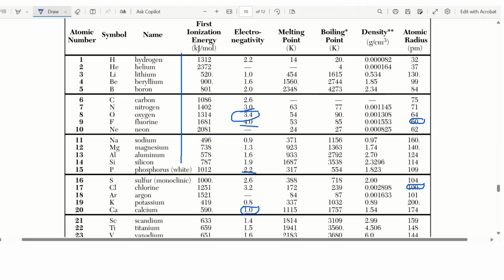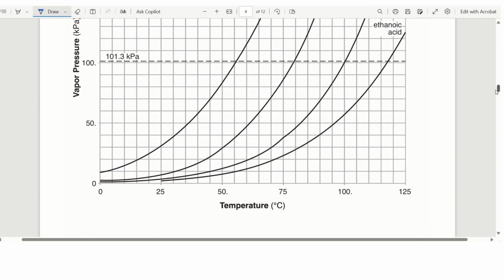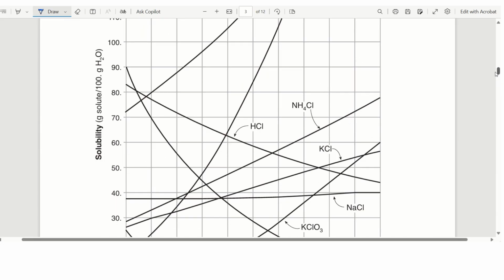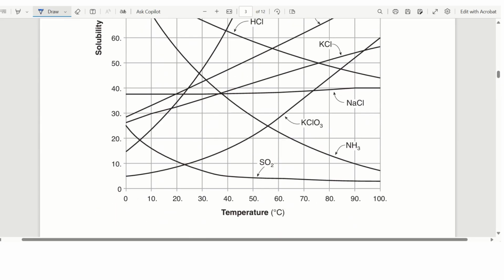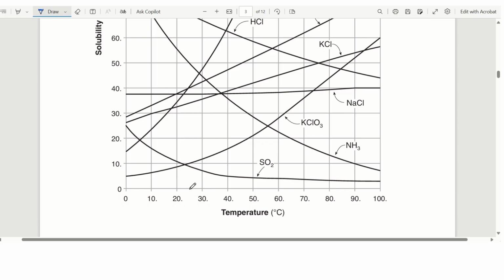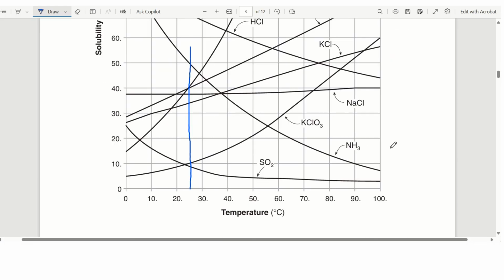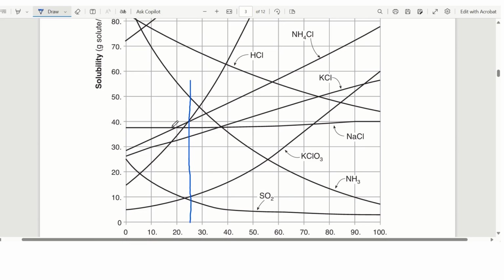You need to know that that's a reference table question, and I need to go to table G. So when I go to table G, I need to be at 25 degrees Celsius, so halfway in between here. And the substance I'm looking for is ammonium chloride, or NH4Cl, which is right here, this line.